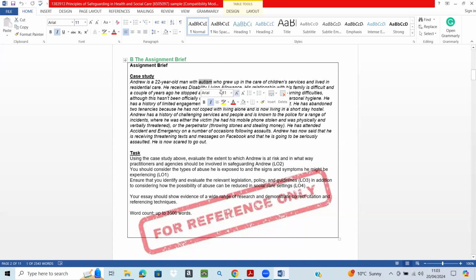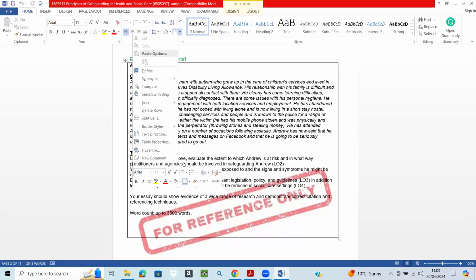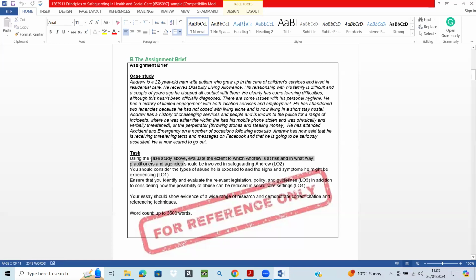Then it's asking in what way practitioners and agencies, so they are talking about the multidisciplinary team or the teamwork. So practitioners and agencies, so it's about teamwork.